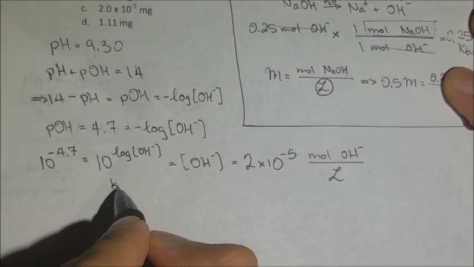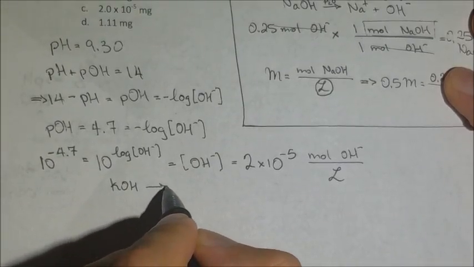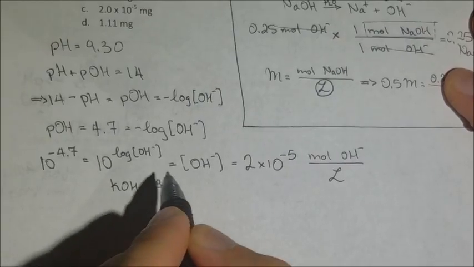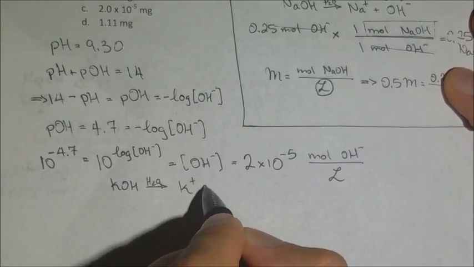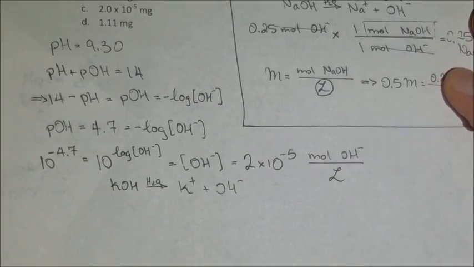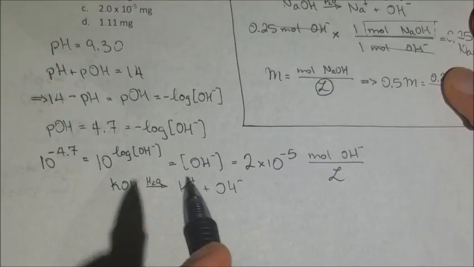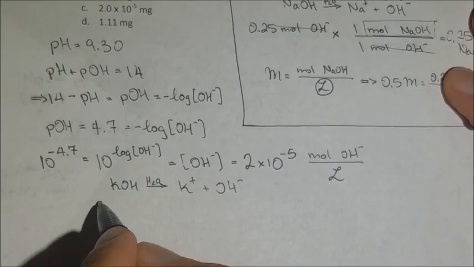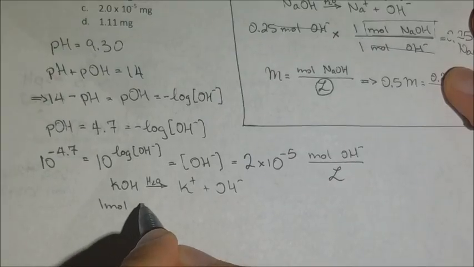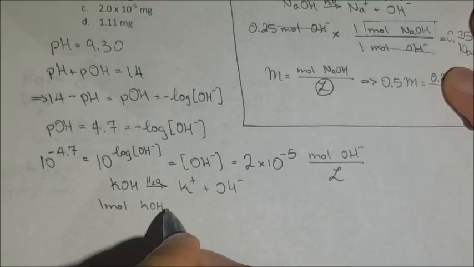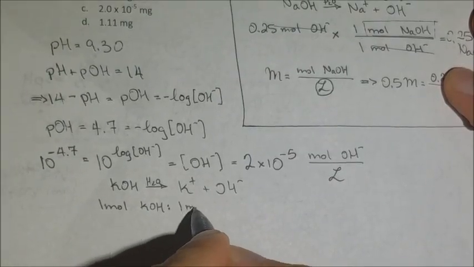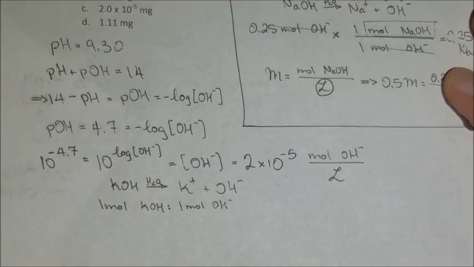When we electrolytically dissociate KOH in water, it's going to make K plus and OH minus, just like the sodium hydroxide, right? Because it's a strong base, it's going to give off hydroxides. So that's all hopefully familiar to us at this point. So we have a 1:1 mole ratio of KOH to hydroxides, right?